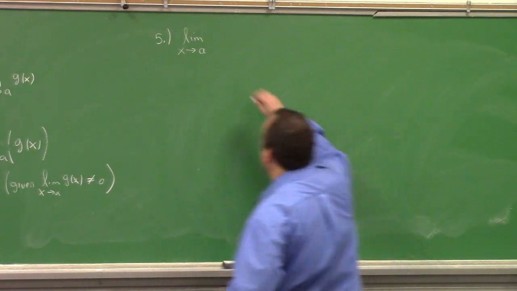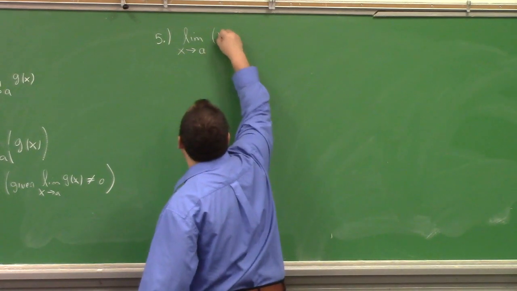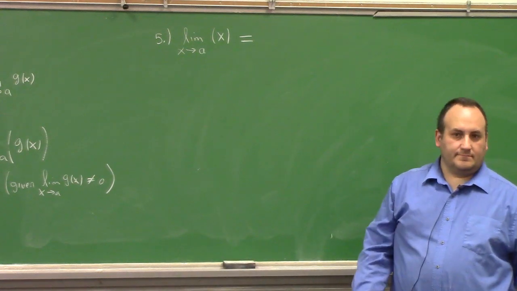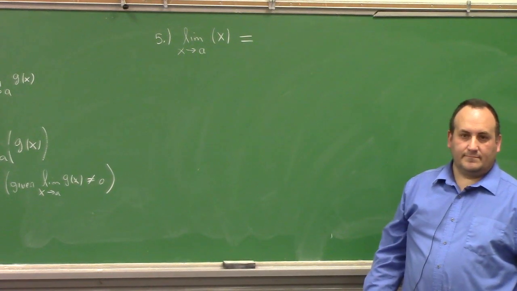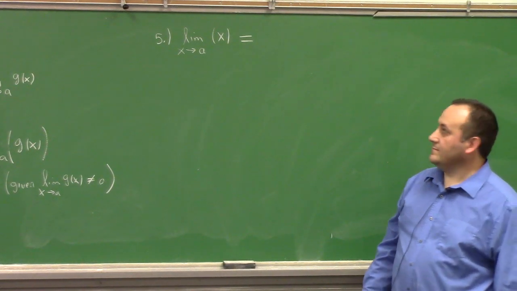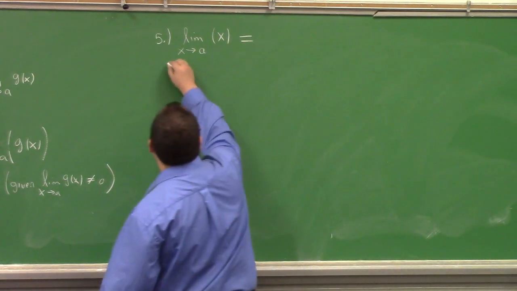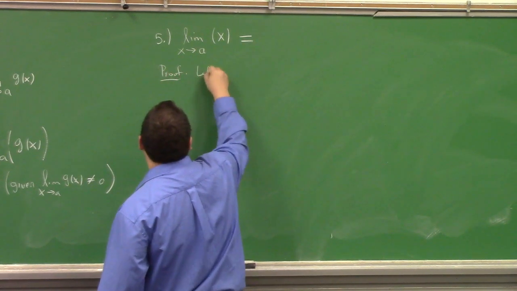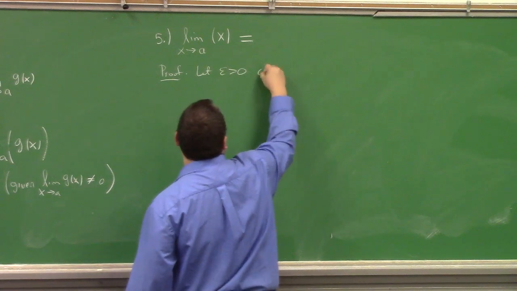Anyway, so the limit as x goes to a of x is what? Here's a proof. Let epsilon be greater than 0.